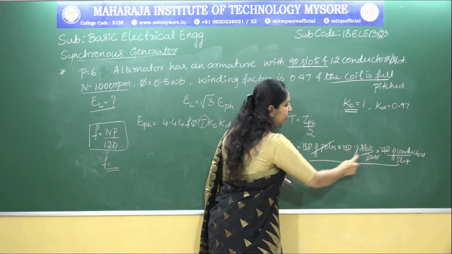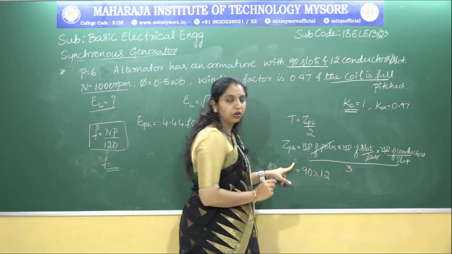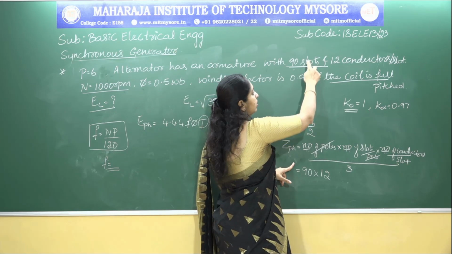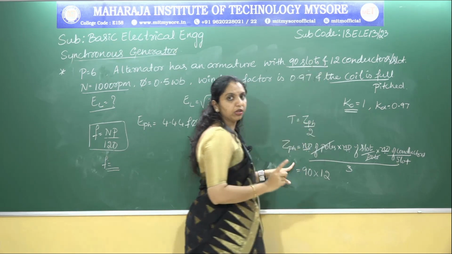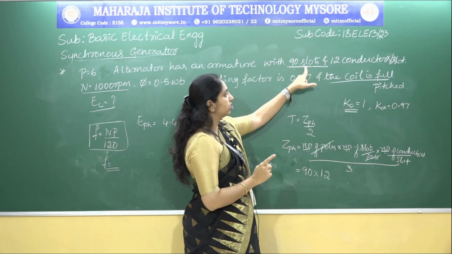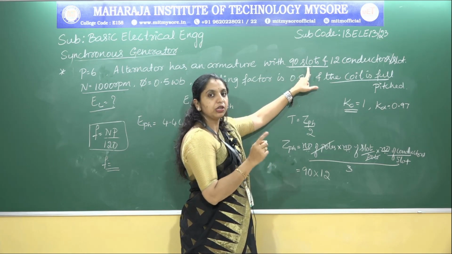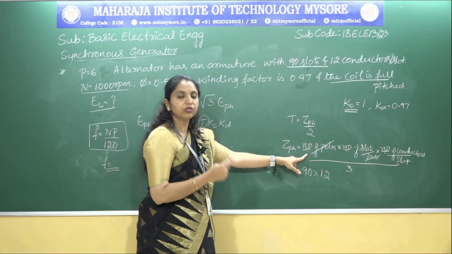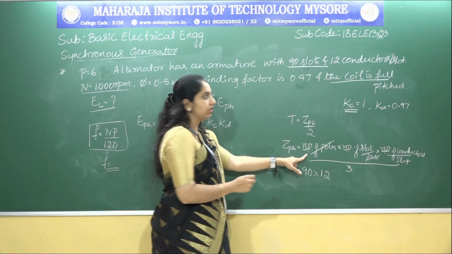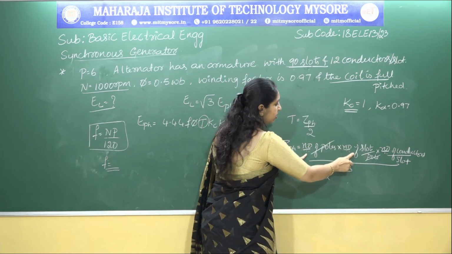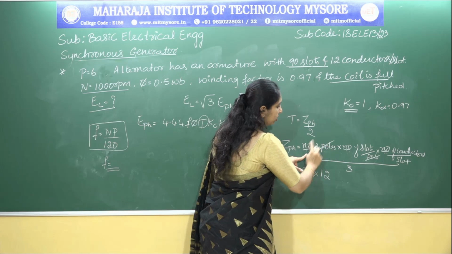We need to substitute only the number of slots here, because they have not provided this value as slots per pole. Remember, if it were provided as number of slots per pole, then we would need the number of poles in the same problem. But since it is given only as number of slots, you can ignore the number of poles.